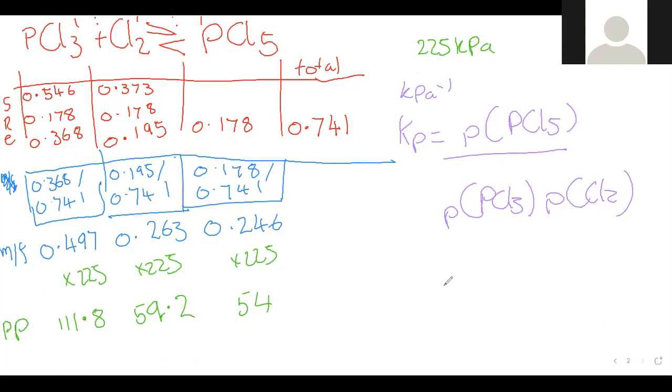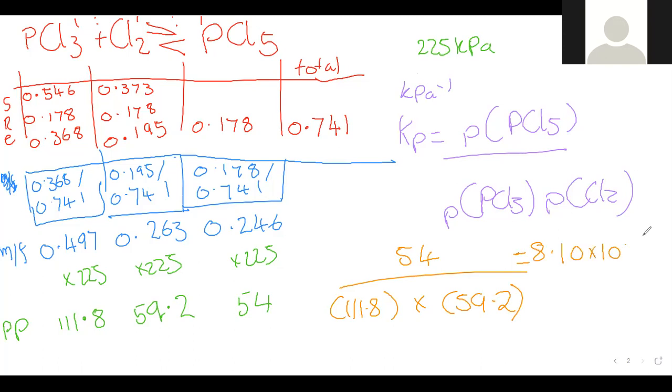So let's put in our values. So our partial pressure for PCl5 is 54. So it will be 54 over 118 multiplied by 59.2. And that would give us an answer of 8.10 times 10 to the power of minus 3 kilopascals to the minus 1.